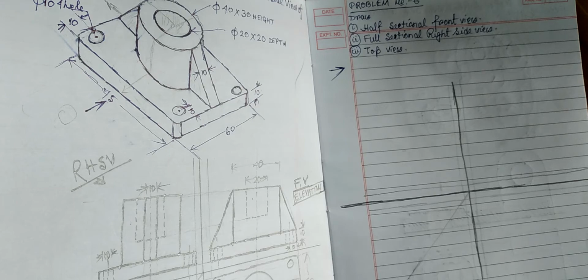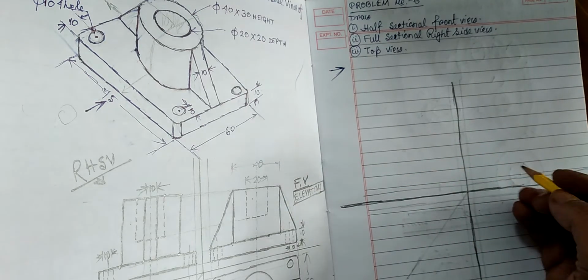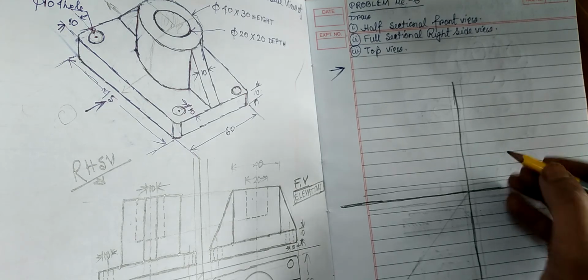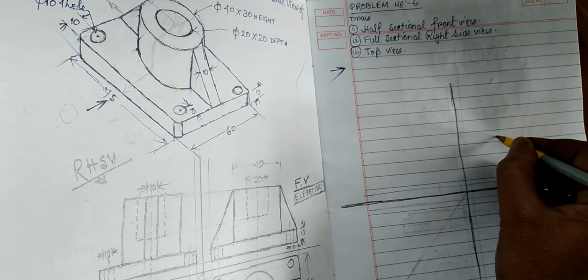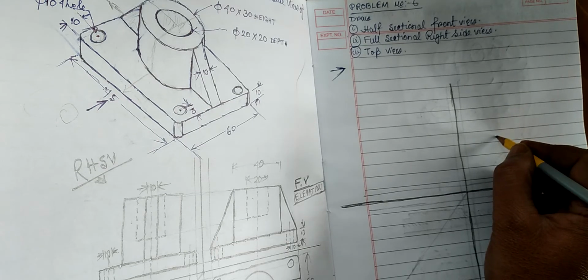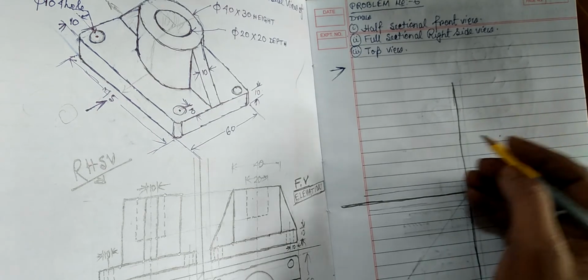According to the first angle projection, we have to draw the front view here, because we have to draw the right side view also. Right side view means we have to draw it on the left hand side of the front view.